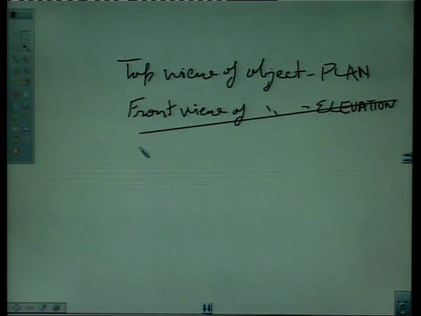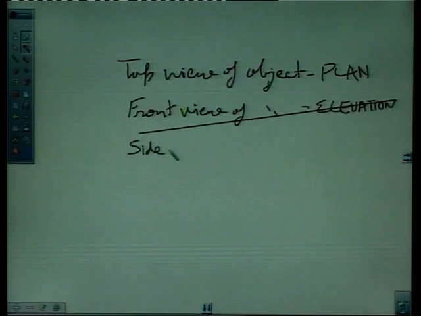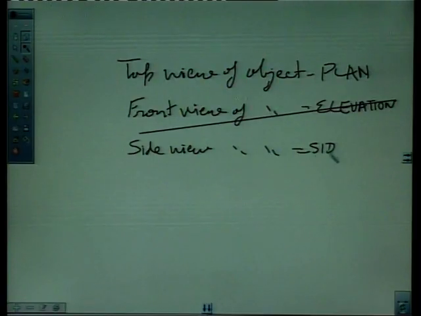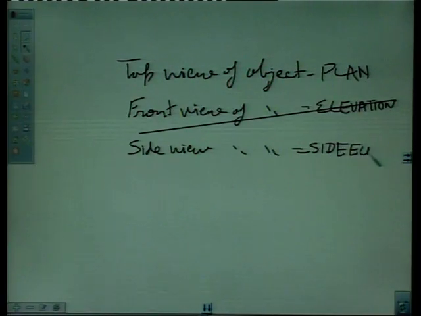Side view of object is side elevation. Top view is plan, front view is elevation, and side view is side elevation, and quadrants are like this.